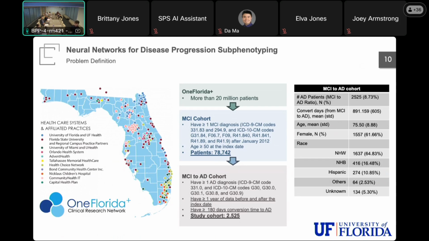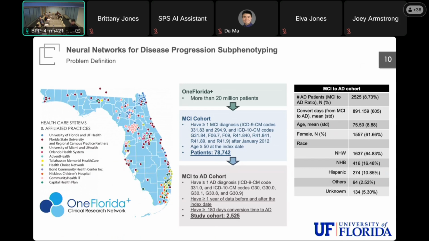Then we label the AD patients according to the ICD code as well in this cohort. You can check the statistics information of this cohort. We have 2,500 patients, and the average conversion time from the first MCI diagnosis to the first AD diagnosis is around 900 days. The mean age is 75, and 61% are female. The White group is the most common group in this cohort.